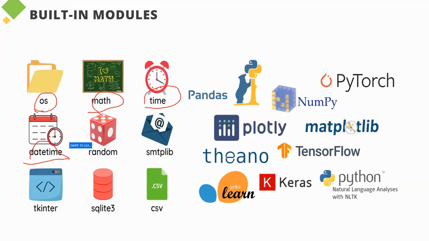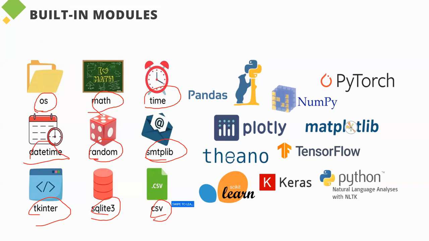Datetime gives the date and time, along with random to generate random series. The smtplib library is used to transfer mails. Tkinter is a library for visual representation. With sqlite3, you can have SQL tables and perform whatever operations you want, creation, deletion, everything.